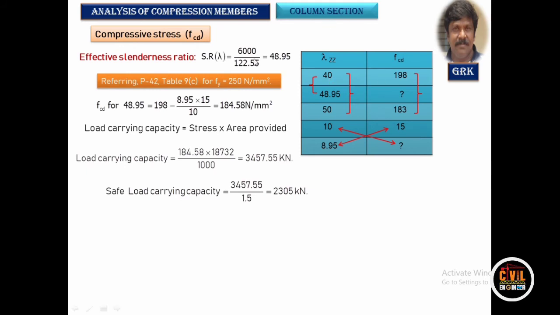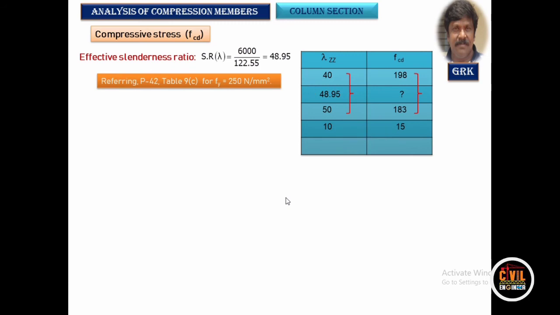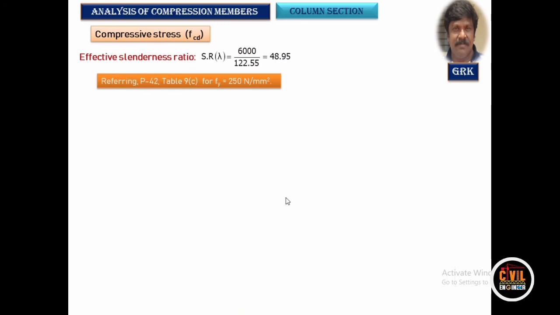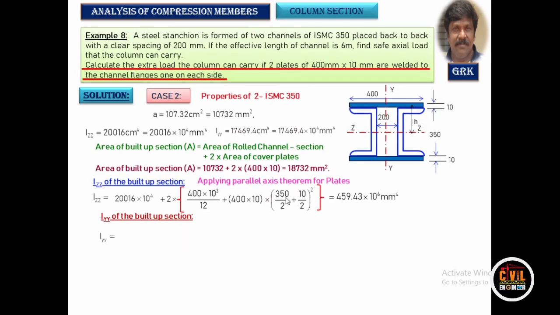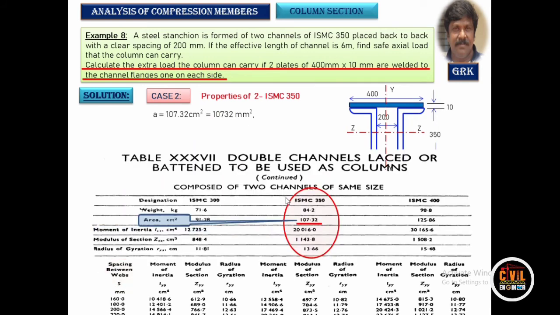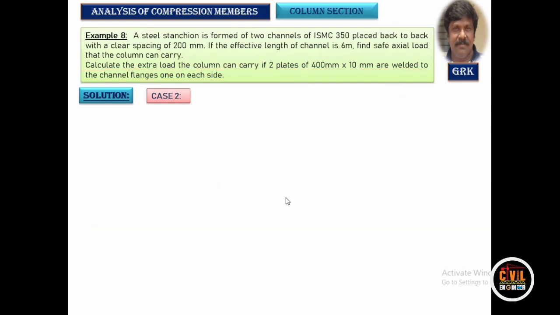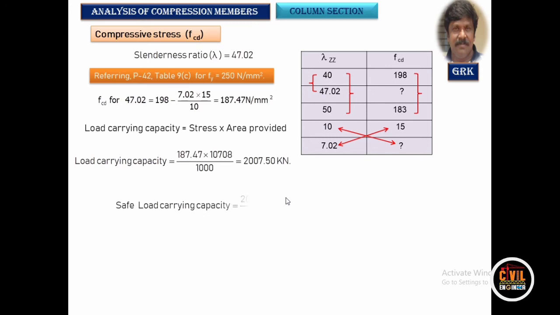Now observe the difference. With the cover plate, the safe load is 2305 kilonewton, and without cover plate, what was the value? Just we'll have a look. We'll go back and I will look on this one. Yes, it is 1338 kilonewton.